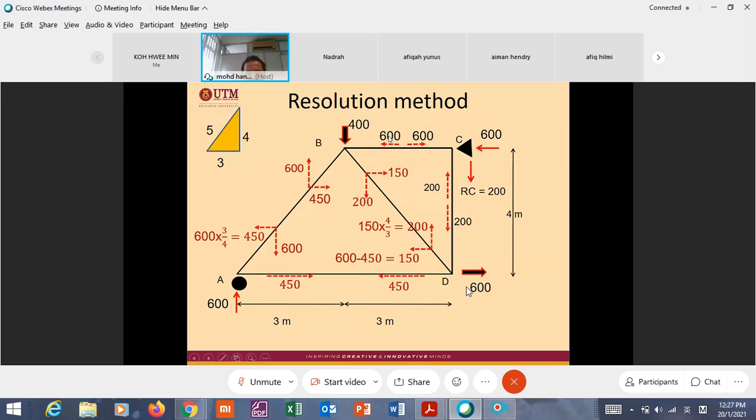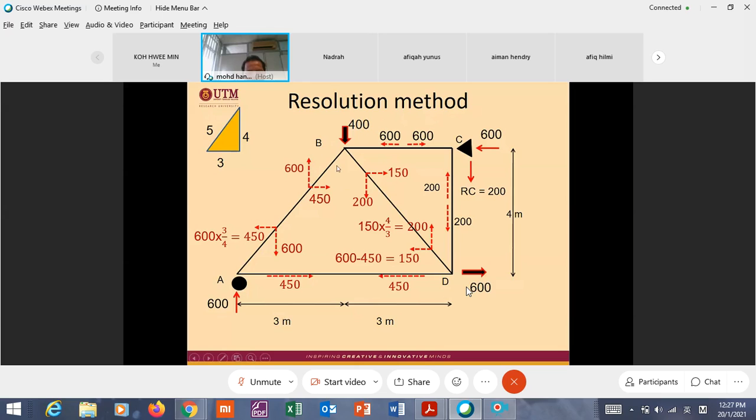In vertical direction, we have 600 here, you have 400 downward, 200 downward, 400 plus 200 equals 600. Therefore, it is balanced, or in equilibrium. So complete.